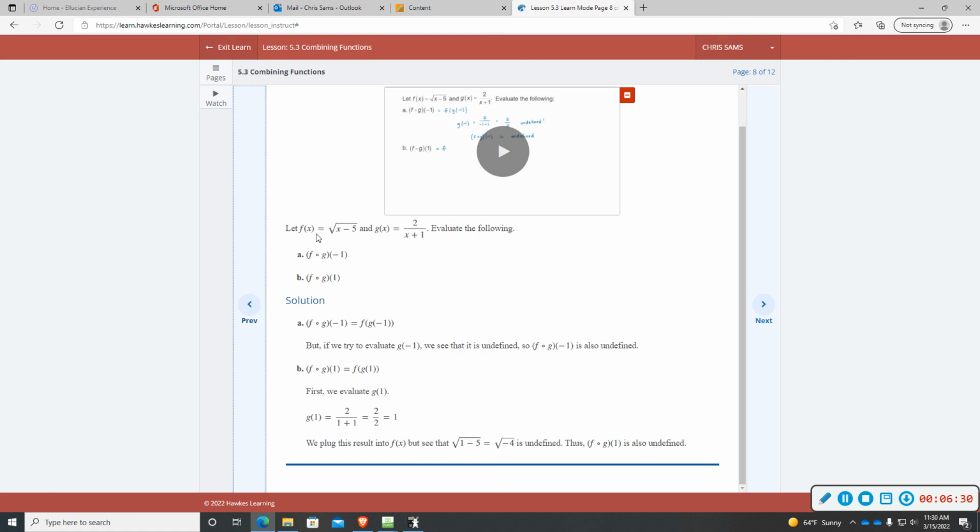let me see. Do they do F composed of G? So in G, you can't use a -1. That would cause this to be 0. However, when you take and plug it in here, with this domain, you couldn't use anything less than 5. That will change.